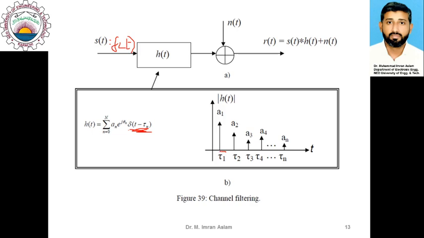So with delay tau 1 you would have an amplitude a1, with delay tau 2 you would have an amplitude of a2, with delay tau 3 you would have an amplitude of a3, with delay tau 4 you would have an amplitude of a4, and so on. So there are multiple copies of the transmitted signal received with different amplitudes and different delays.